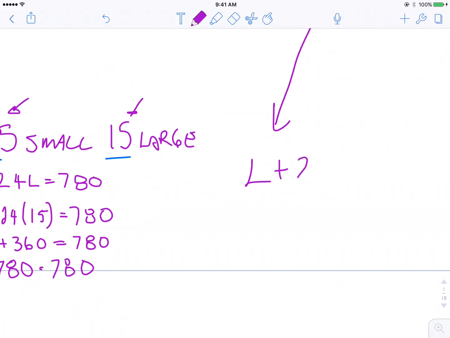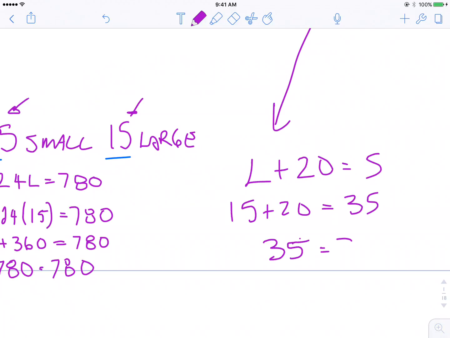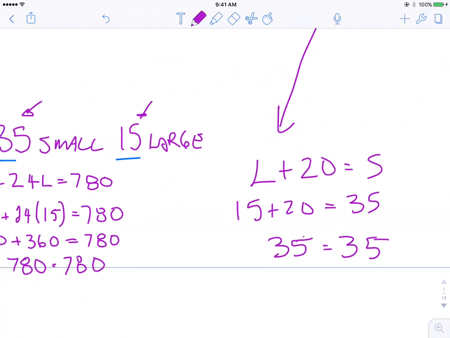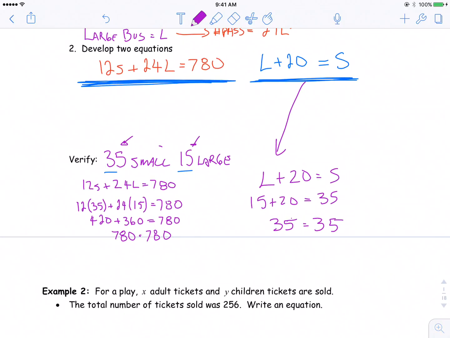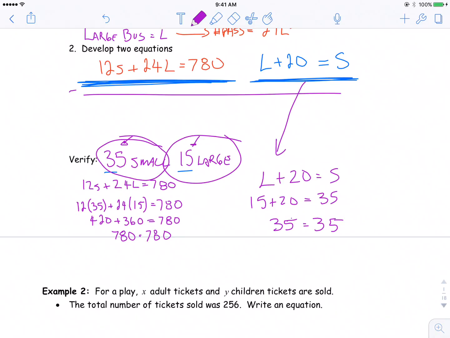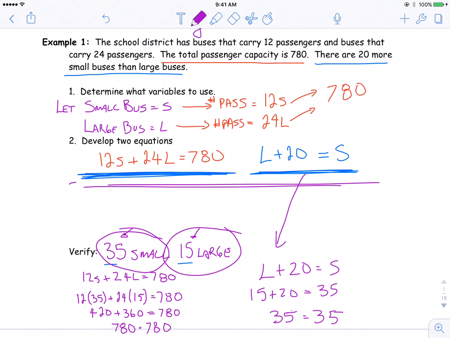L plus 20 is equal to S. My number of large buses is 15, plus 20 is equal to 35. Is 35 equal to 35? Yes, it is. So here I have verified that there are 35 small buses and 15 large buses based on the system of equations that I developed from this word problem.